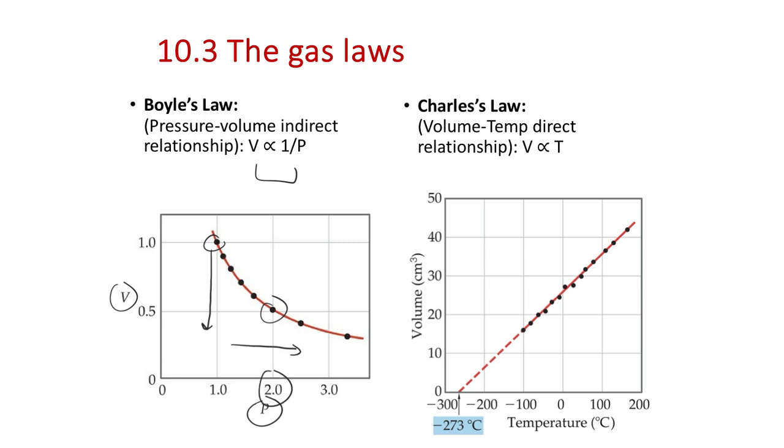So pressure is increasing as we're decreasing the volume of our container. There's an inverse relationship between those two values, exactly like we predicted before. So we get an increase in pressure when we decrease the volume. So you get this inverse relationship between volume and pressure.